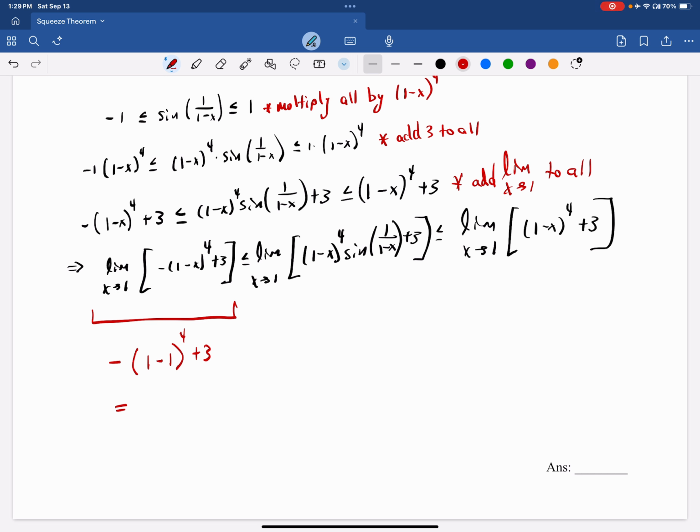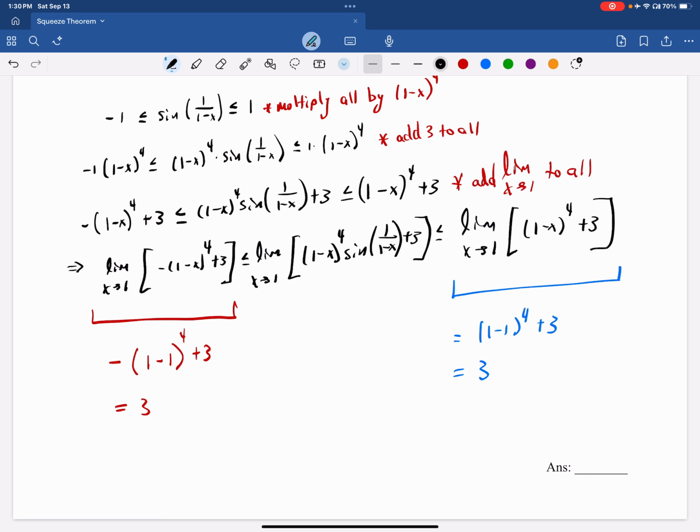Notice when I do that, 1 minus 1 is 0, 0 to the fourth is 0, plus 3 would be a 3. I'm going to do the same thing here. I'm going to look at this function. I'm going to evaluate it directly. So when I do that, it would be 1 minus 1 raised to the fourth power plus 3. That's 0 to the fourth, which is 0, plus 3, which is 3.